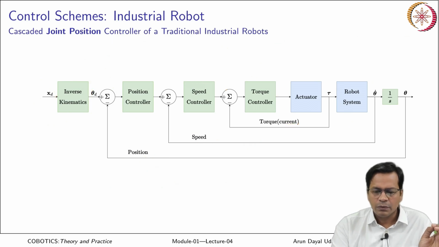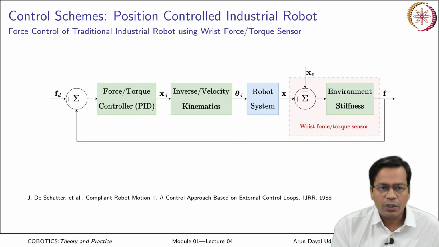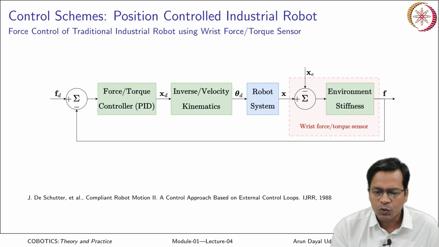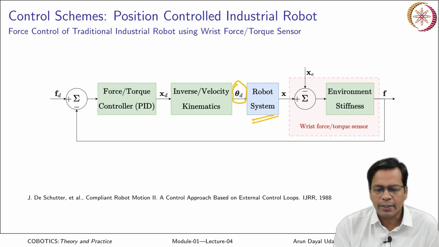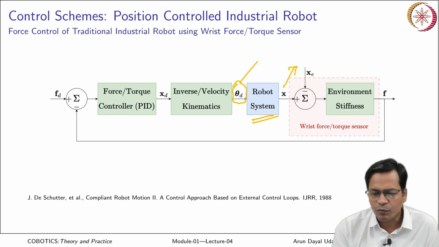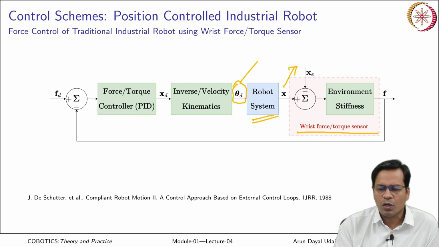Okay. Now if at all you want to do force control with such kind of actuator, a robot which is built with this kind of actuator, this robot demands the joint angles. So the joint angles are ensured by the joint actuator. So the joint angle is commanded and the robot goes to any XY position and you have a wrist force torque sensor.